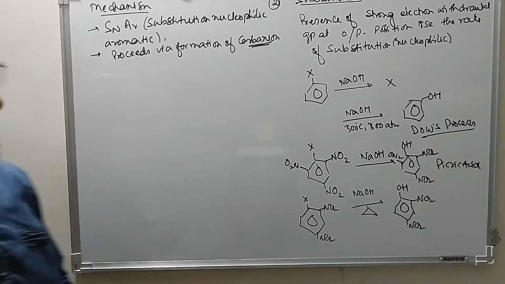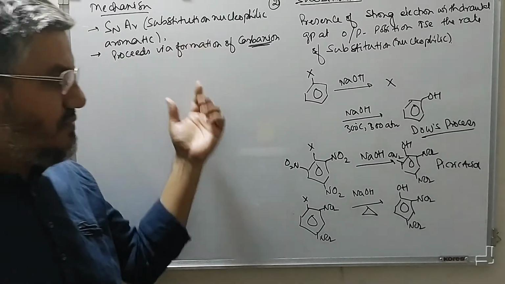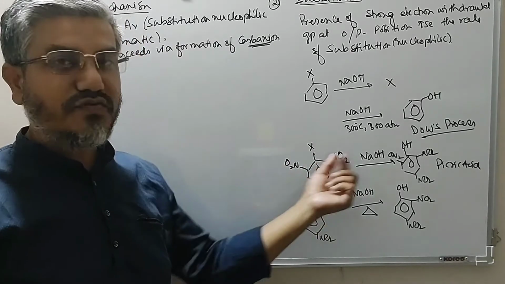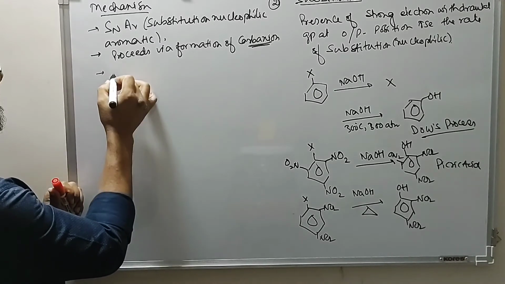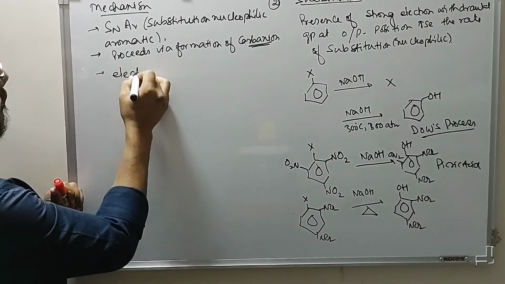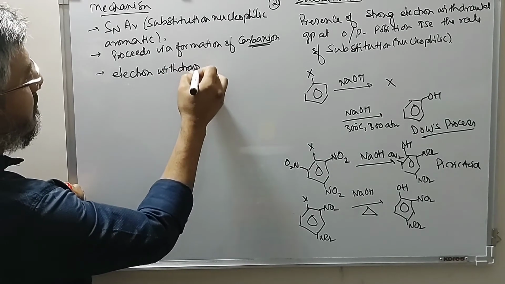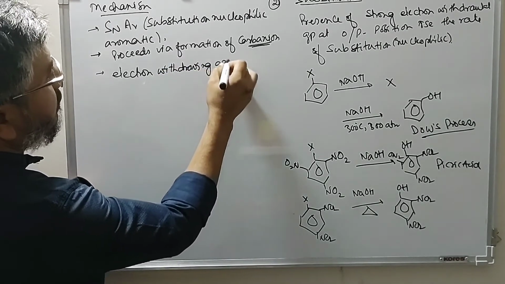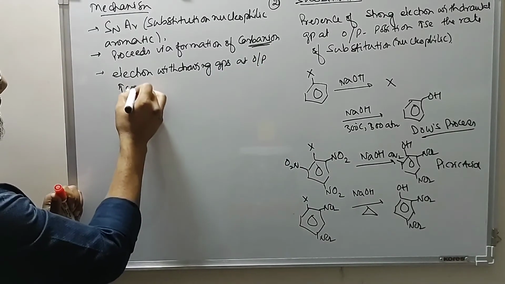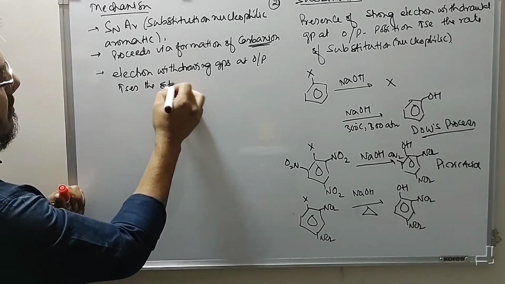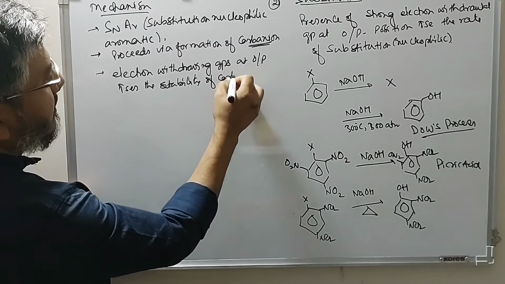So look at this. This carbanion can be stabilized by electron withdrawing groups at ortho and para position. Electron withdrawing groups at ortho and para position increase the stability of carbanion.